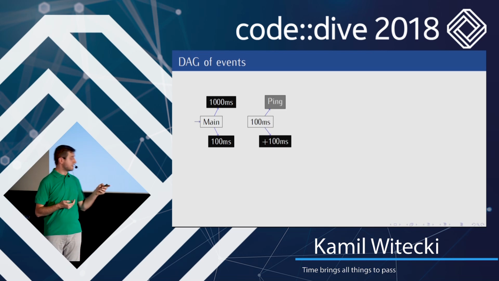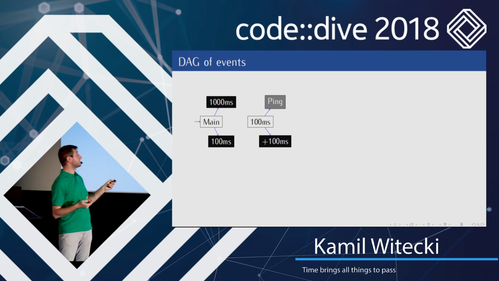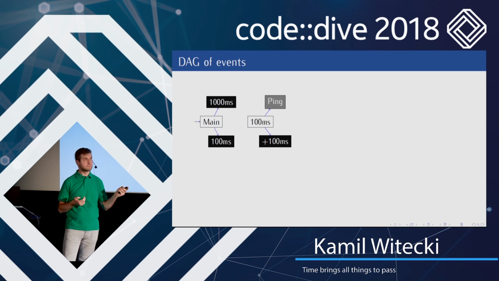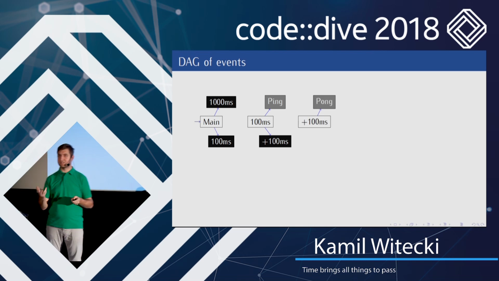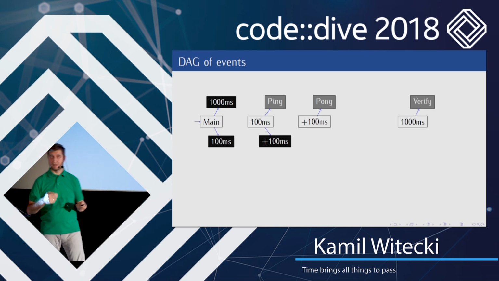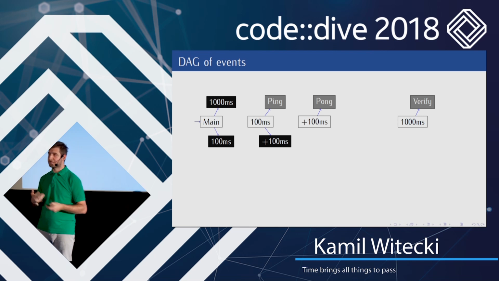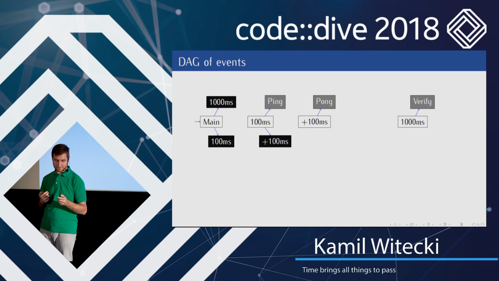So obviously, first, the 100 millisecond timer should expire. It will change the state of the application to Ping and schedule another timer. Then this one should expire and change the state to Pong, which is the state that we are actually expecting in the end. And then the 1000 millisecond timer will verify the application. There is a huge gap between them.